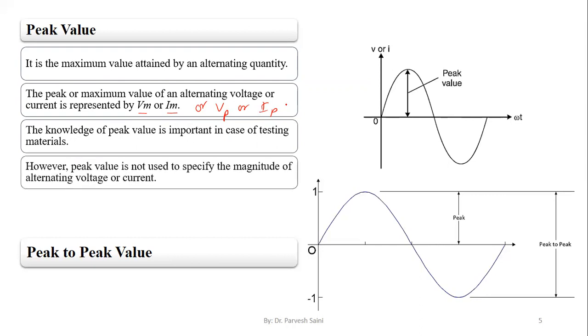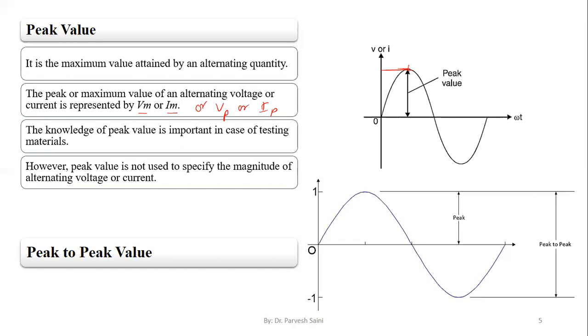Okay, so peak value is not used to specify the magnitude of alternating voltage or current. What does it mean? It means that though we have the peak value, and we have only one peak value over the complete cycle for any alternating quantity, we do not use this information as the magnitude of the alternating voltage or current.